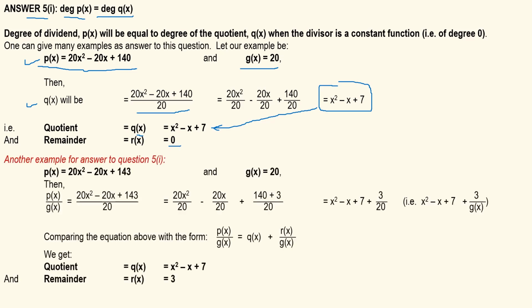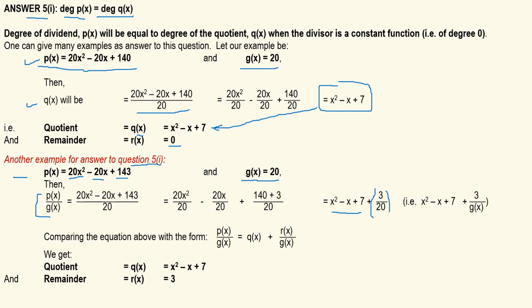Now let's see another example for the question number 5.1. Let the p(x) be 20x square minus 20x plus 143, and let our g(x) be 20. When we carry out the division of p(x) by g(x), we get the expression x square minus x plus 7 plus 3 divided by 20.